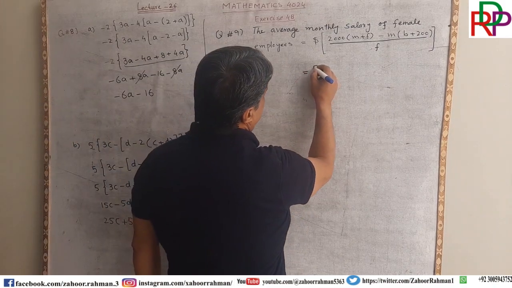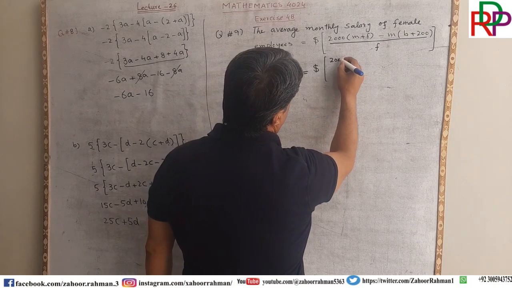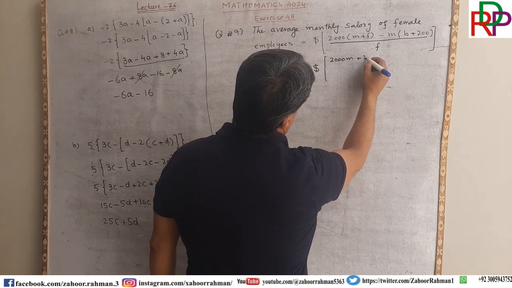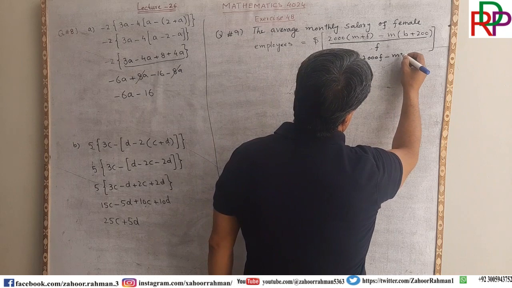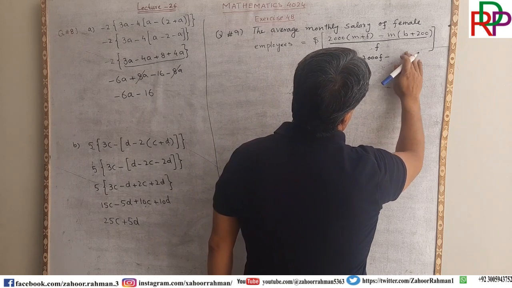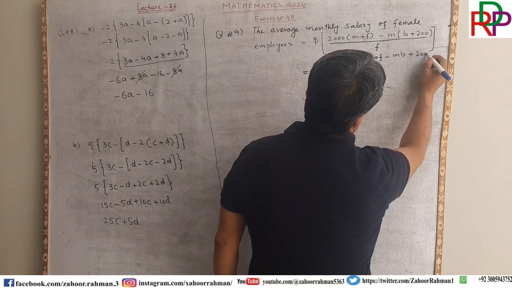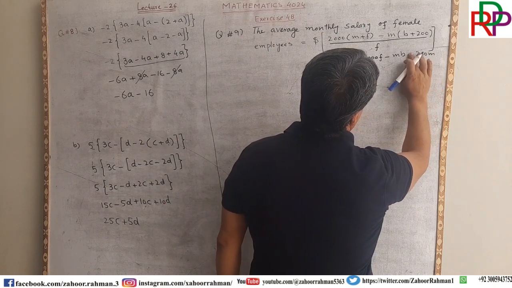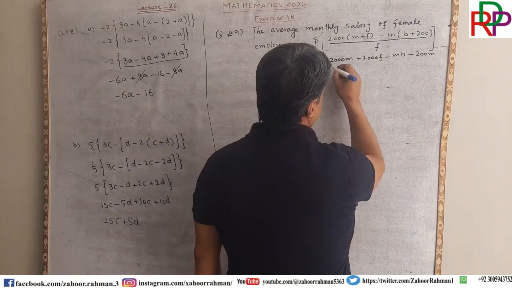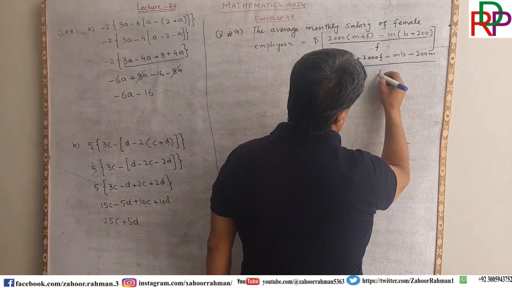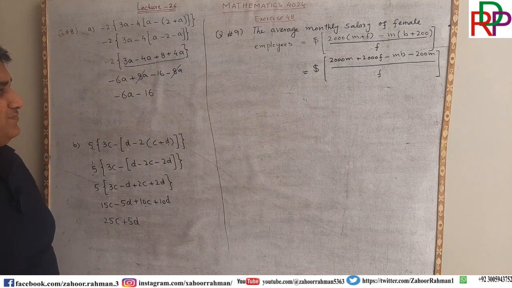So here I am writing this as 2000 M plus 2000 F minus M minus MB plus 200 M minus 200, because when this minus is multiplied with this, it will yield negative, and the whole divided by F.